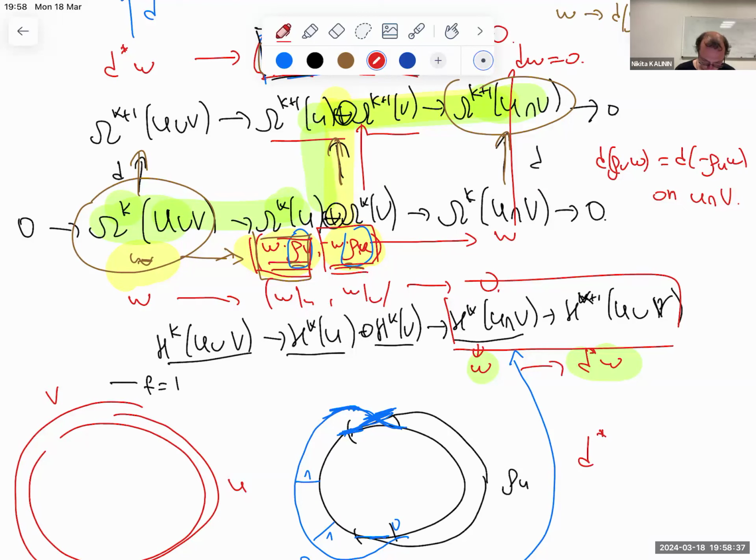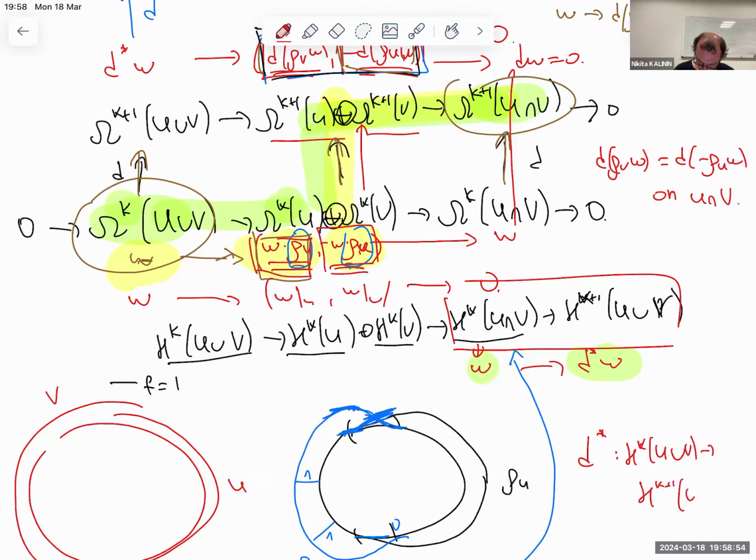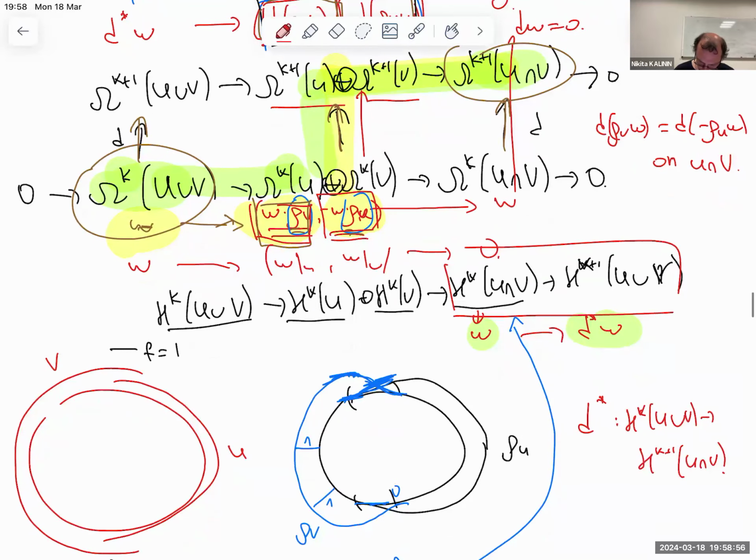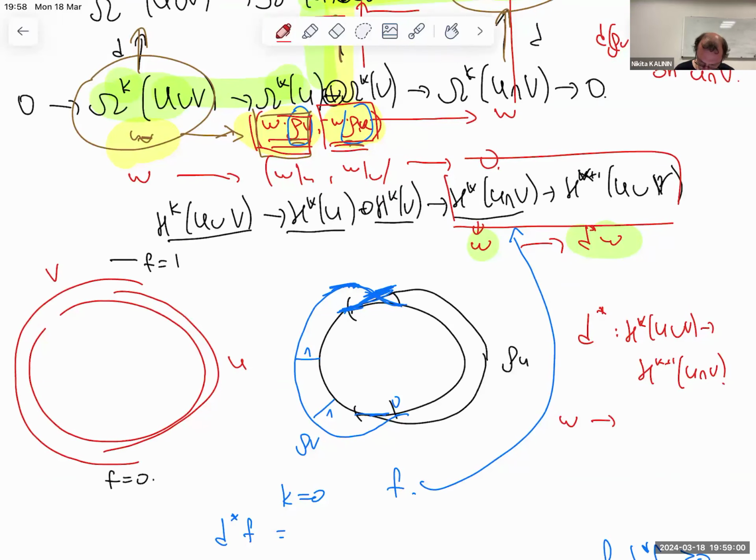It's a map from omega K of U union V, H K of U union V, to H K plus 1 of U intersect V. You have a form omega, and it goes to d of rho U omega.